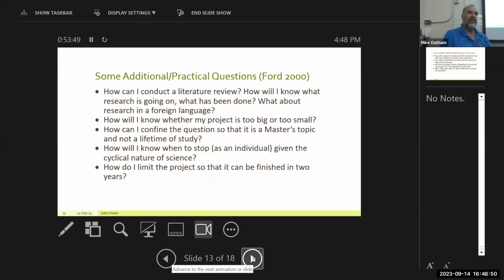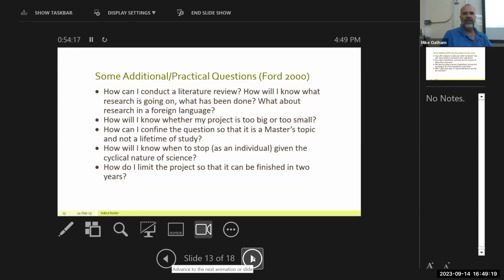So if there's one skill which you've learned at UWI, it's doing literature reviews, okay? And literature reviews are very important, as hopefully you get the idea when we talk about how we know whether a research question is stupid or not, okay? How will I know what research is going on and what has been done? By doing a literature review.